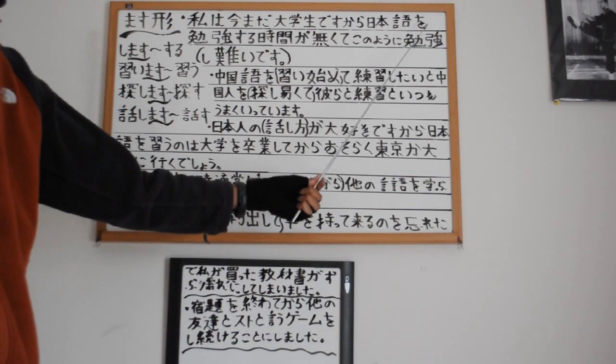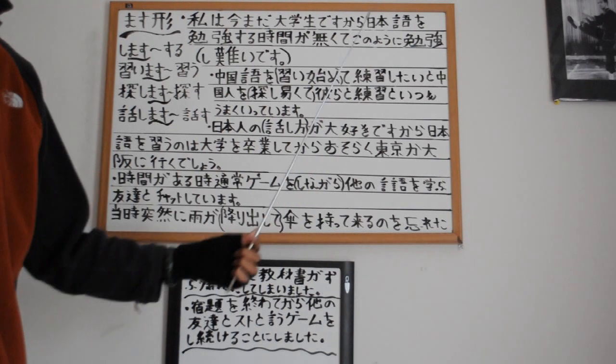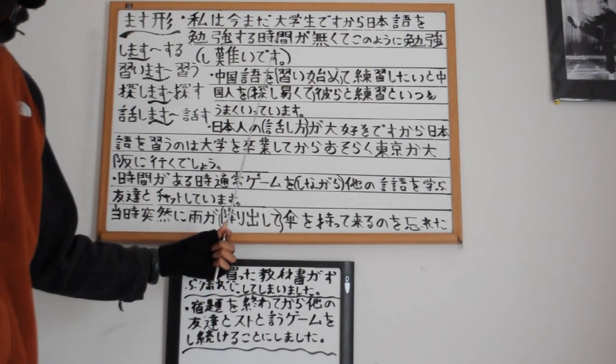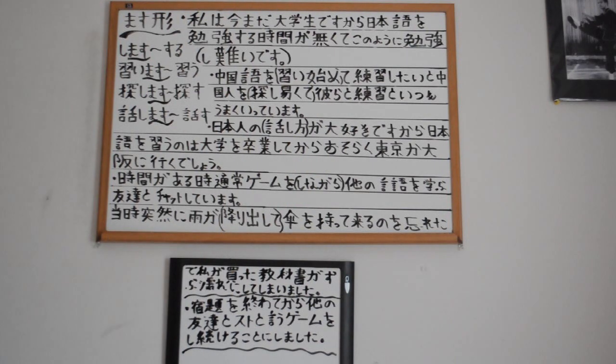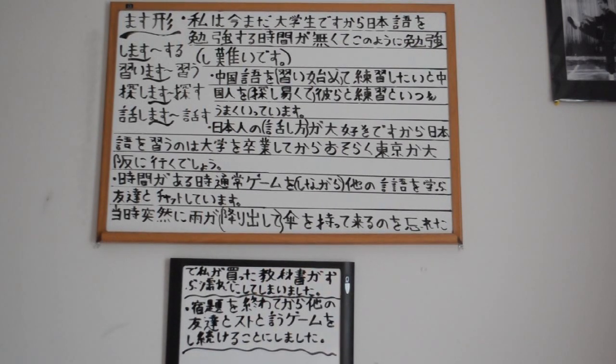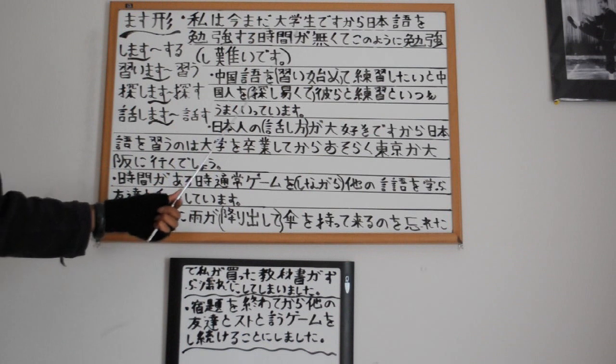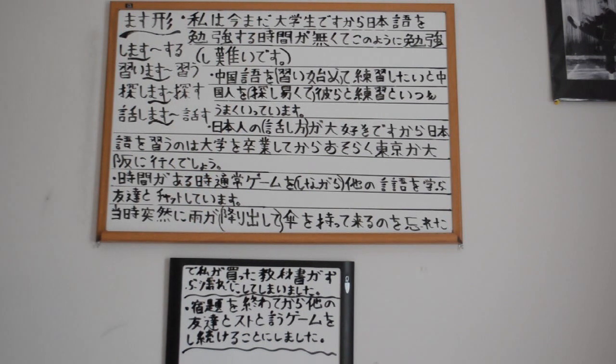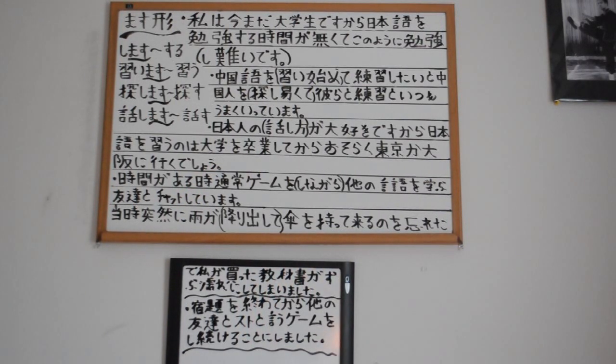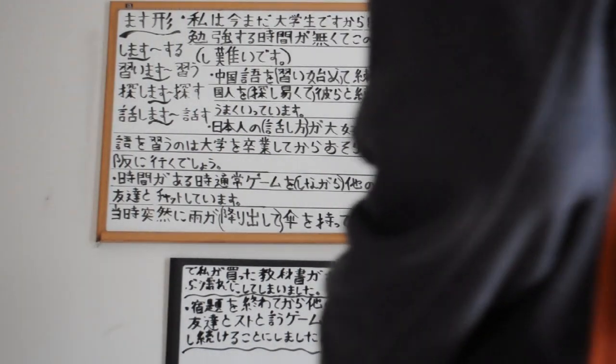Nihongo, Japanese, o, object marker. Nihongo being the object. Benkyou suru jikan means time for studying. Benkyou suru jikan ga. You're dealing with possession here, so you need ga. So ga nakute, na from nai, which means to not have.